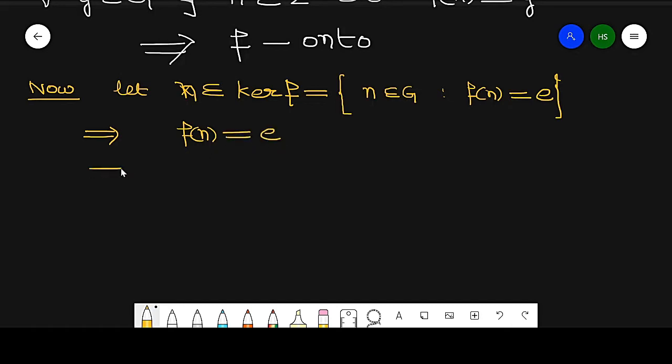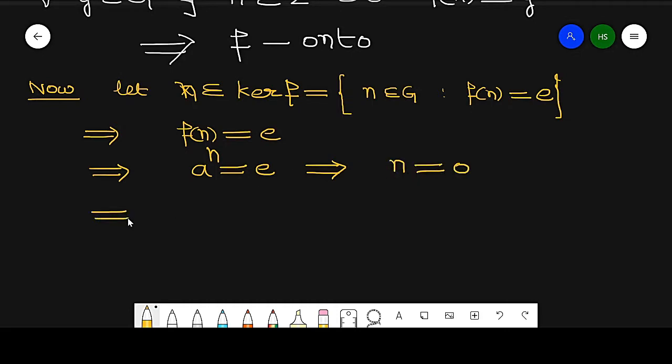What does it mean? It means a raised to power n is equal to identity. By the previous part, since a has infinite order, it implies n equals 0.